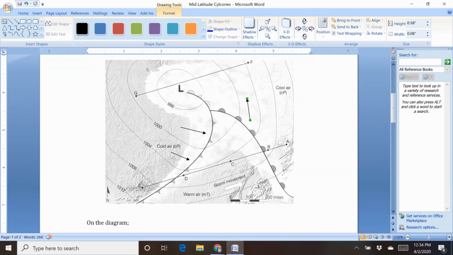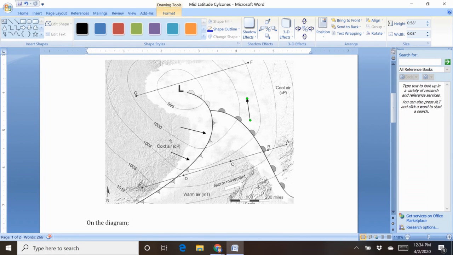You can kind of see the clouds around the low. See that difference between the white and then the gray? And then you go down this way, and there's clouds over here to the right, and then over here where it says cold air, this is clear sky. So obviously you need clouds in order to have rain. So it's an easy indication, at least in some respects, as to where the rain would be.